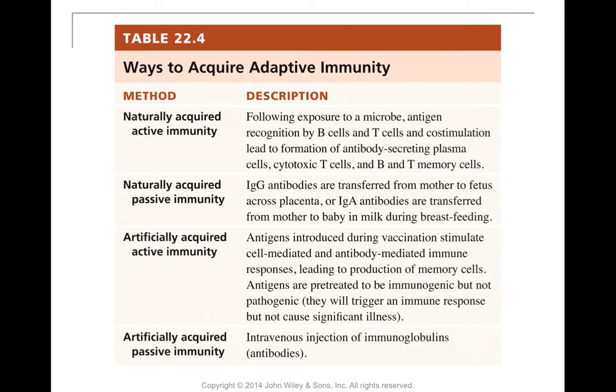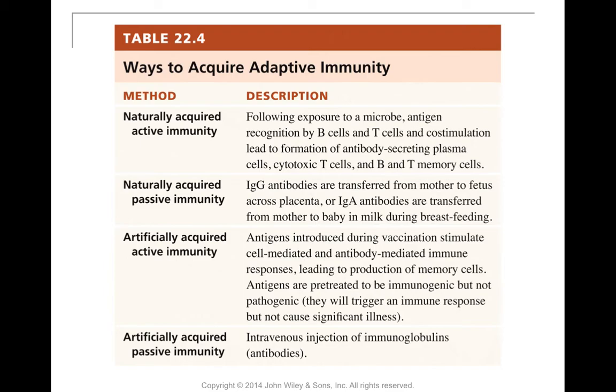Now, we can also have artificially acquired, both active and passive. And artificially acquired means that we mount that immune response by way of introducing something. In this case, this is our vaccination event. So when we get a vaccination, and I want to be clear here that the COVID vaccine doesn't work this way. The COVID vaccine is an mRNA vaccine, which works in a totally different way and is for a different class.